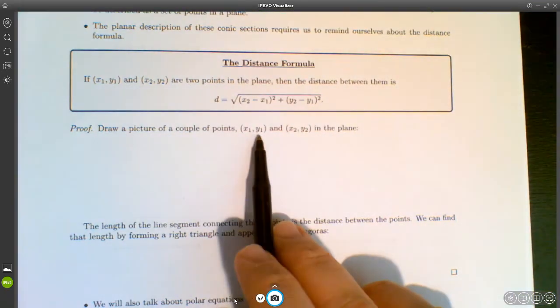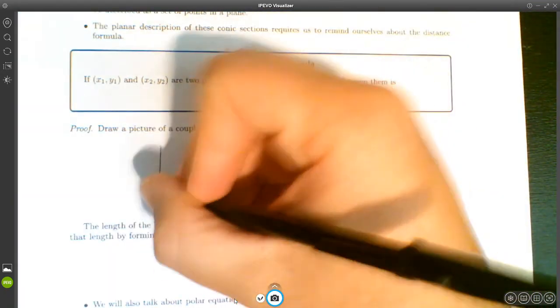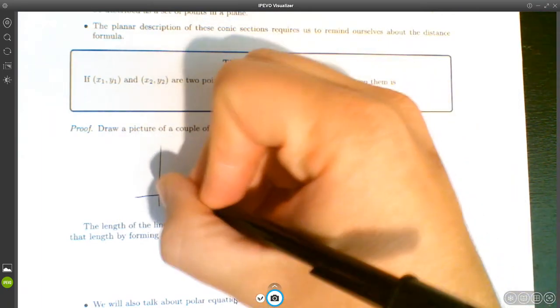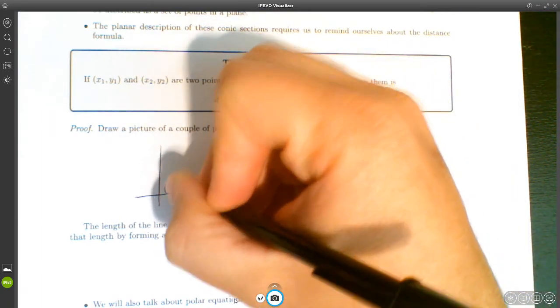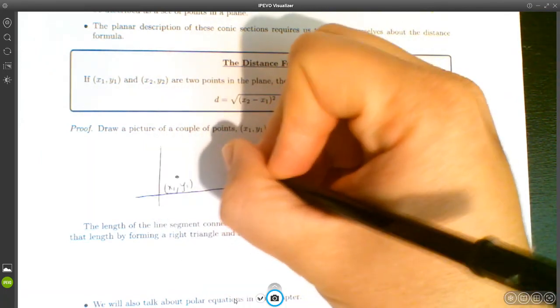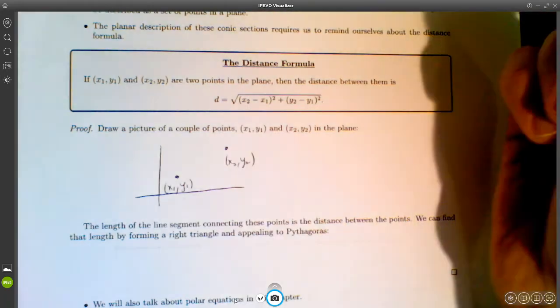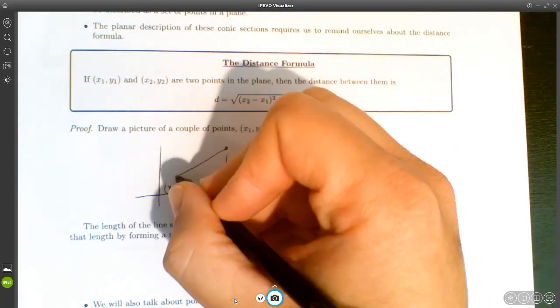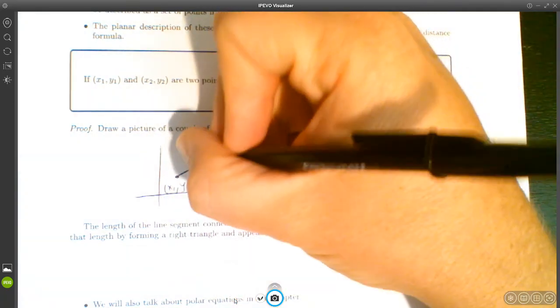So let's say that we have a couple of points, (x1, y1) and (x2, y2). The distance between these points is just this straight line here. This is the distance d.